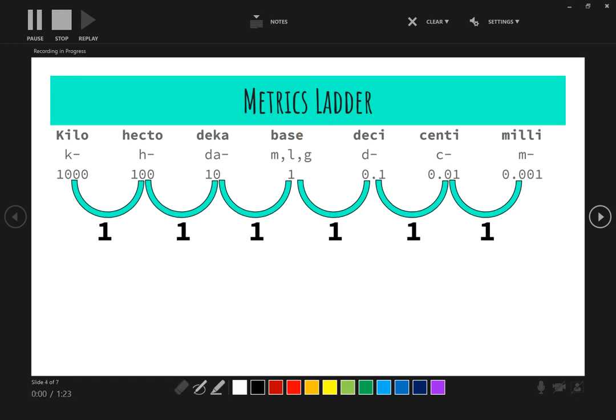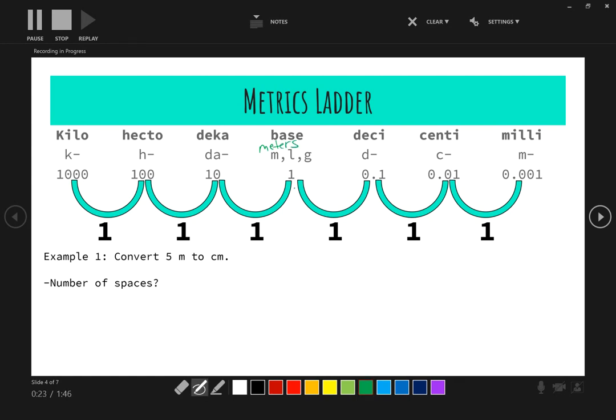Let's take a look at some practice. So example 1, convert 5 meters to centimeters. The first thing you should do is figure out how many spaces you need to move the decimal from meters to centimeters. So we're going to take a look. Where is meters? Remember, meters is a base unit.